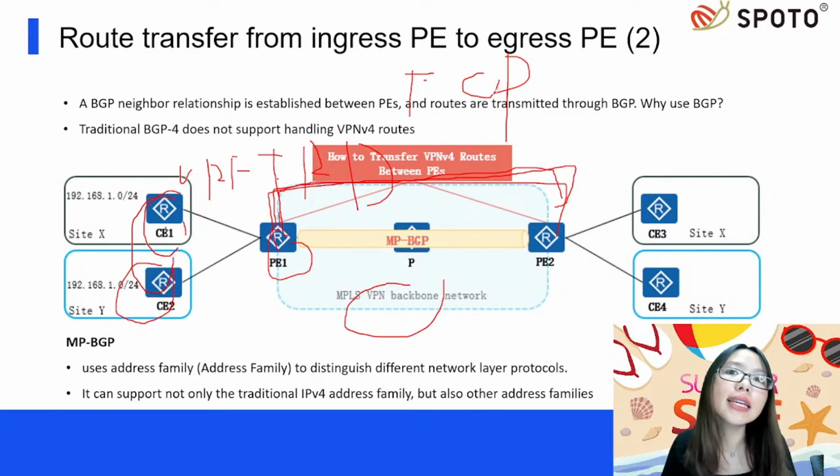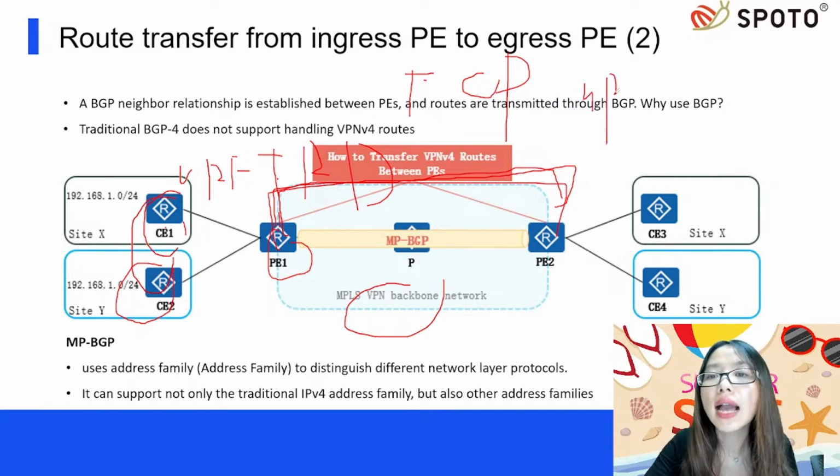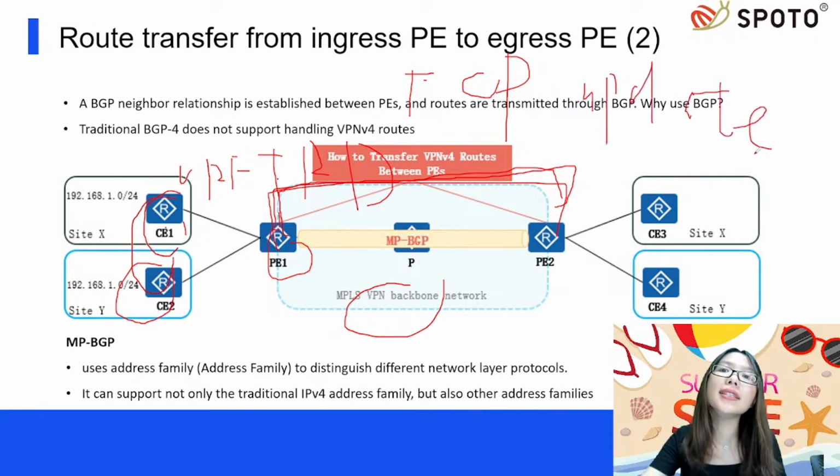The number of routes transmitted between PEs may be large, and BGP only needs to send updates, so it can increase the number of transmitted routes without occupying too much backbone link bandwidth.